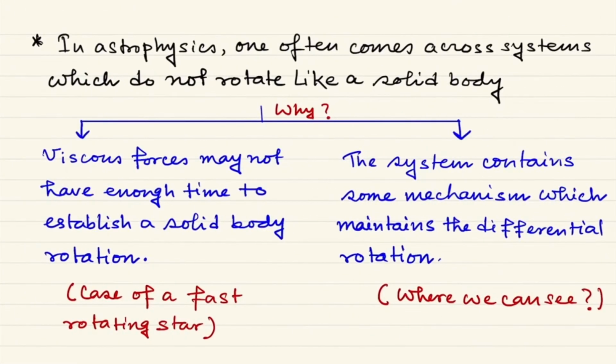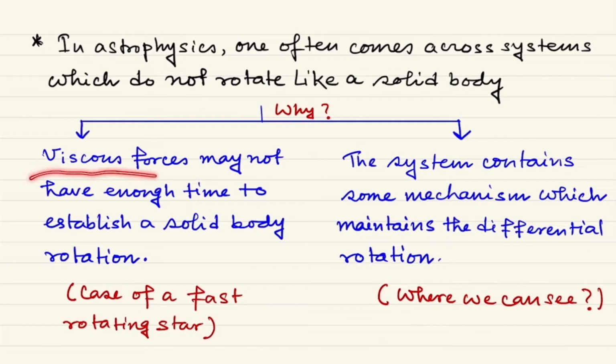So in astrophysics, if by some direct or indirect observation we gather evidence that some systems do not rotate like a solid body, then what can be the possible explanation? There can be two possibilities.